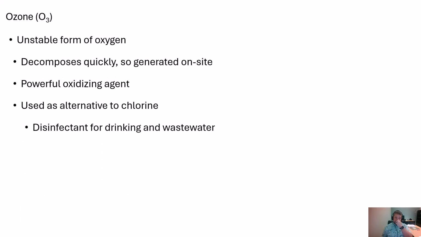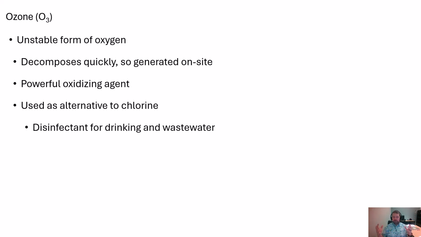Ozone, again, this is just an unstable form of oxygen. It's an oxidizing agent, so meaning it's picking up hydrogen ions, so it can disrupt how ATP forms, so it can disrupt protons that are forming. It can bind to proteins and change the shape of the protein, rendering it inactive.